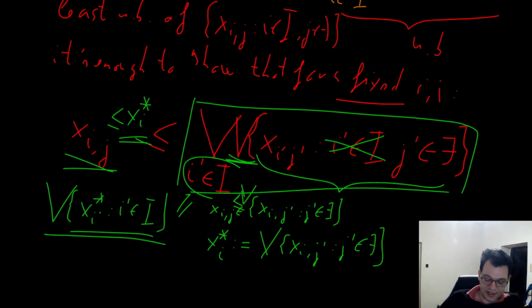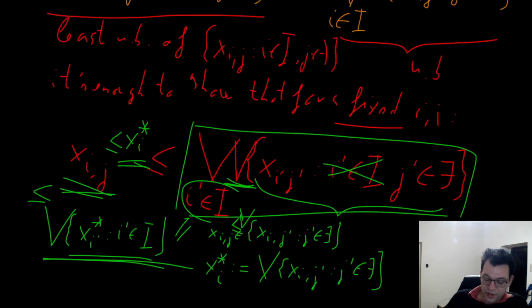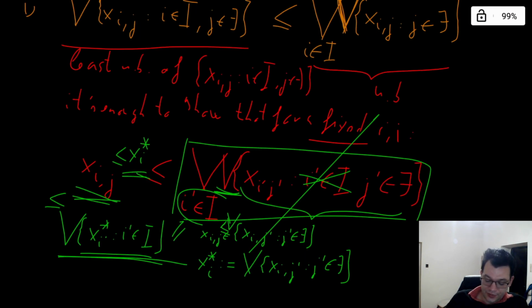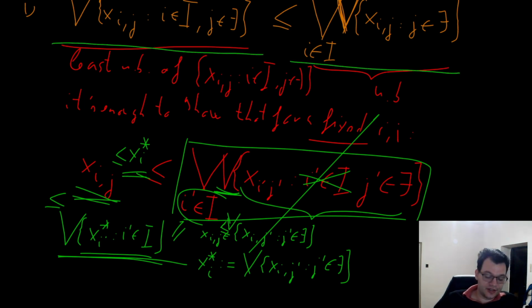It means that xij is still smaller than or equal to the right-hand side, which means that I have eventually shown that this guy is at most as large as the other one.